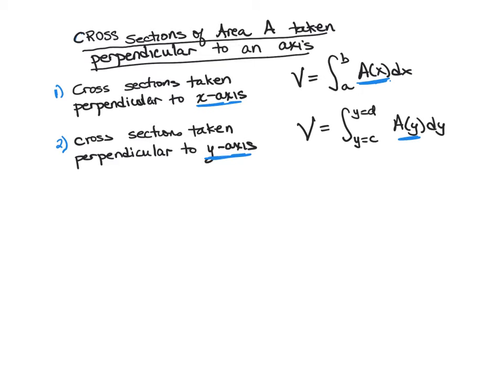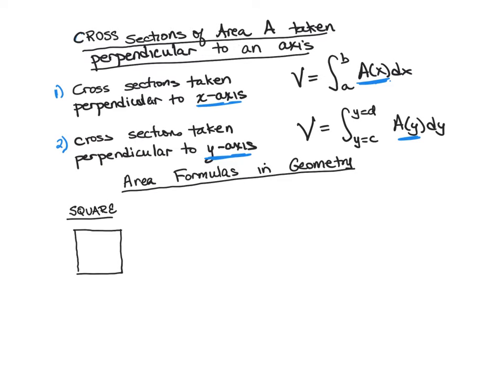But now the question is, how do we get the area of such a cross-section? Well, it depends what that cross-section happens to be. The most popular cross-section is a square. If we represent one side of the square as S, then the area of the cross-section is just S squared.